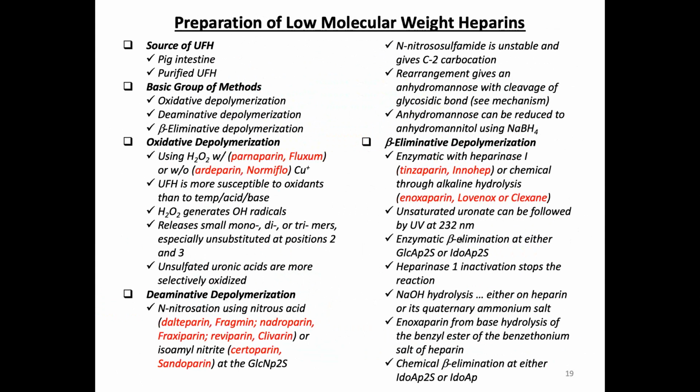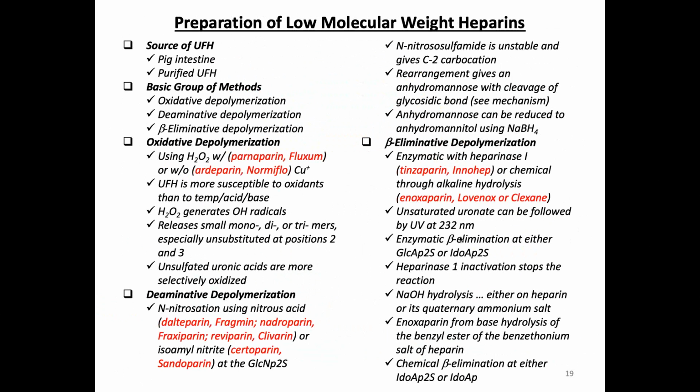These are the typical methods that are employed by pharmaceutical companies. Obviously, we have to use unfractionated heparin because low molecular weight heparins have to be generated from unfractionated heparin, right?